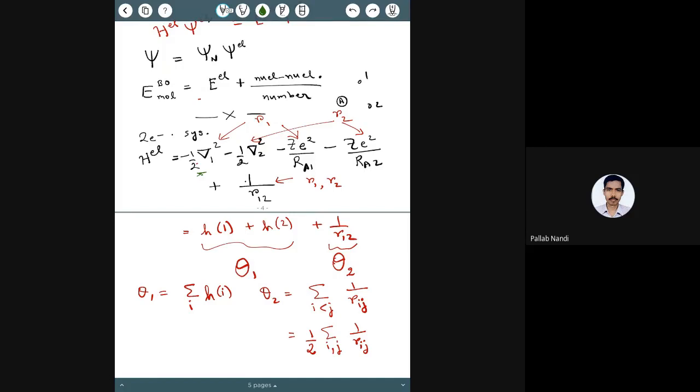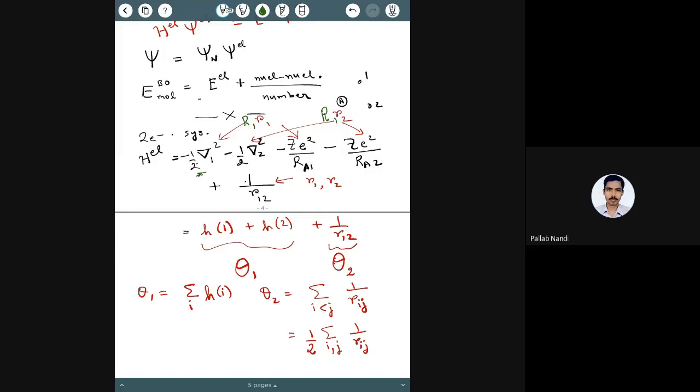This is only the kinetic energy of the electron. The Z square by capital R A1 term also depends on capital R, but that is a parameter now for the H electronic. If you want, I can also write it depends upon R, but that does not matter now. That is just a number.